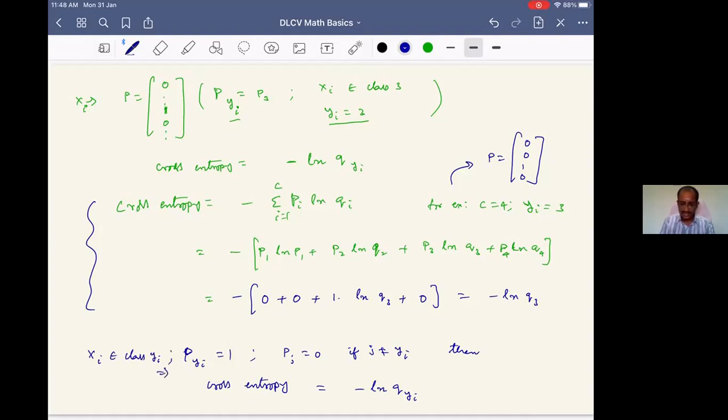Is this discussion clear? Yes. Okay, so hope it's clear for all. This is how simple the cross entropy loss finally is.